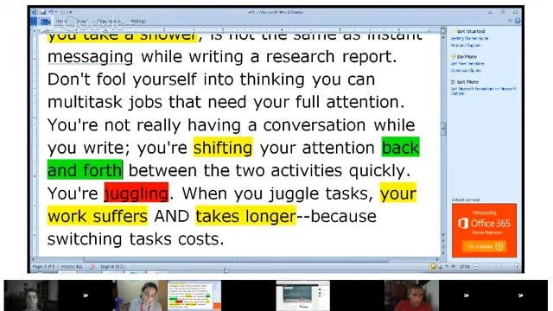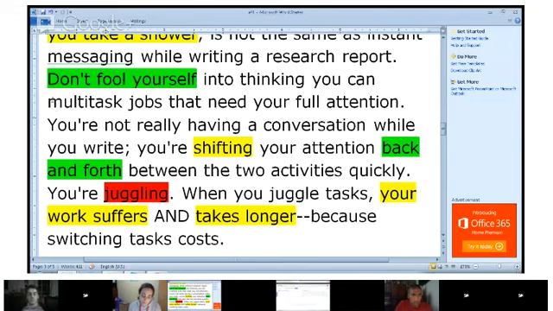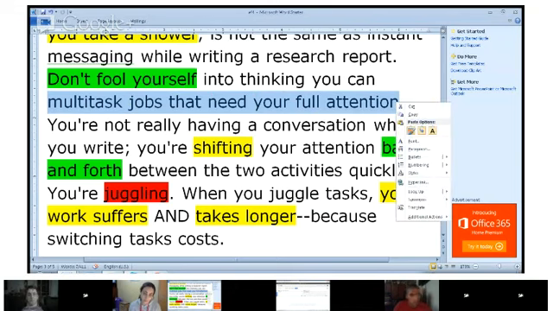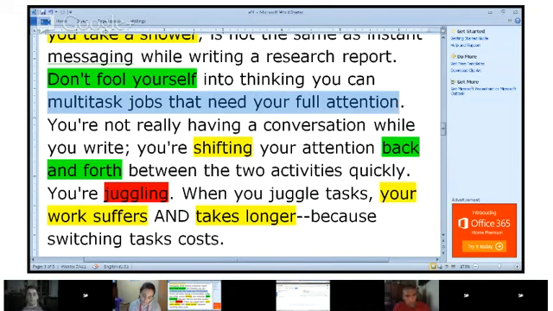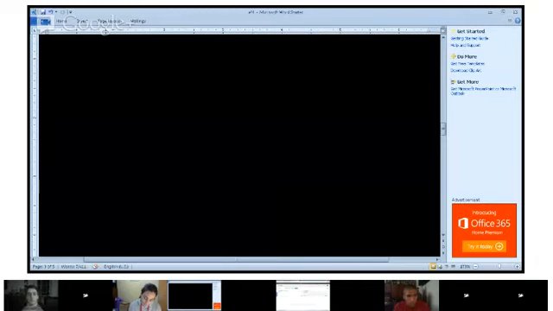When you need the full attention for your task. Absolutely. So don't fool yourself. This is another very common phrase in English. I'm hoping that people already recognize it. Don't fool yourself into thinking you can multitask jobs that need your full attention. There's a big difference here. So, yeah, you need to use your common sense.